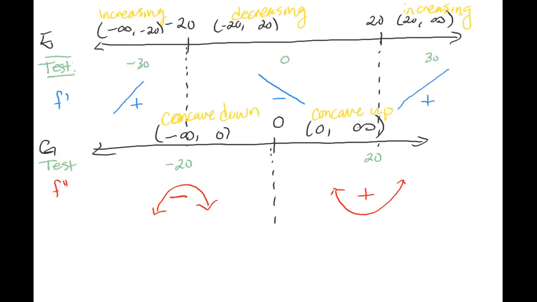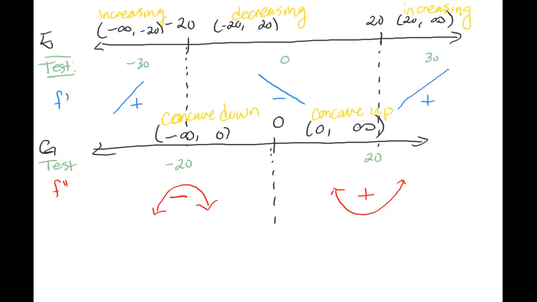Okay, so I have a nice little diagram that helps me to answer the remainder of G and to answer F. So while we're at G, let's go ahead and finish that up.